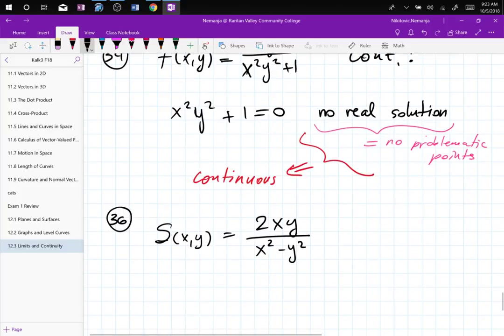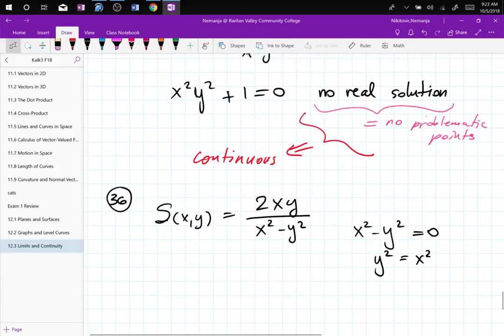So now, if we are to do a continuity check, set the denominator equal to 0. That would be x squared minus y squared equal to 0. y squared equals x squared. And when you square root both sides, please don't forget plus minus. y equals plus minus x.